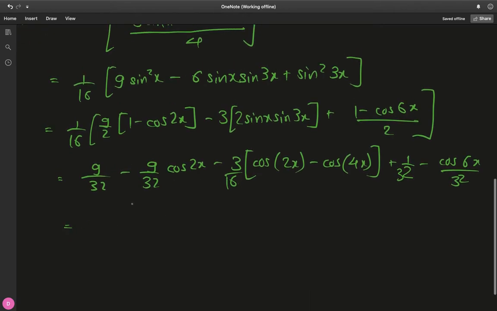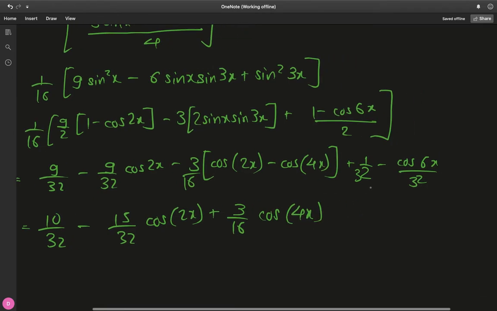So we have 9 plus 1 is 10 over 32 minus this 9 over 32 times cosine 2x minus this 3 over 16 times cosine of 2x, which is nothing but negative 15 over 32 of cosine of 2x plus 3 over 16 times cosine of 4x minus 1 over 32 times the cosine of 6x.